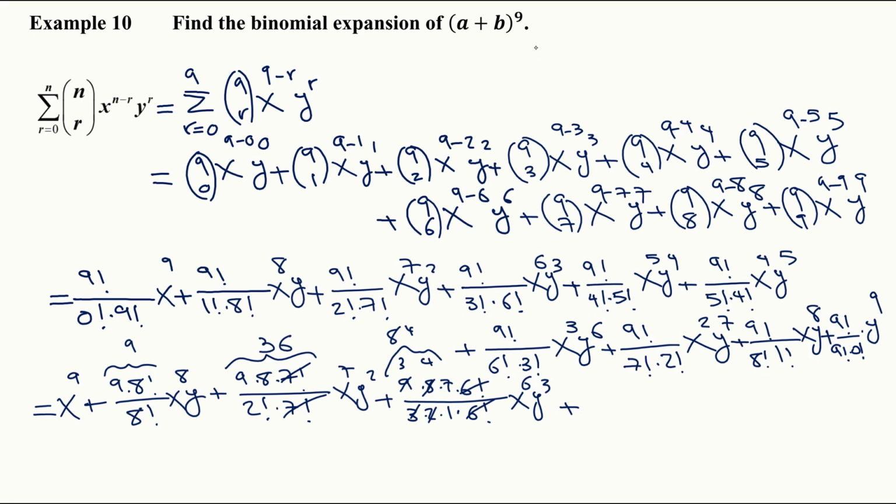So we have 9 times 8 times 7 times 6 times 5 factorial divided by 4 times 3 times 2 times 1 times 5 factorial. The 5 factorials will cancel out. 4 and 8 leave us 2, and 2 and 6 leave us 3, and 3 and 3 cancel out.